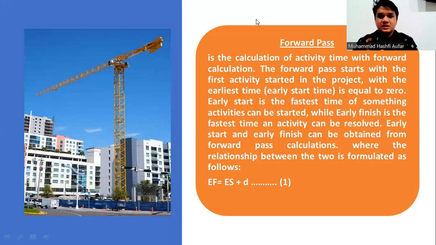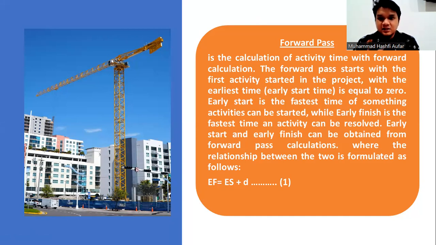Forward pass is the calculation of activity time with forward calculation. The forward pass starts with the first activity in the project, with the earliest start time equal to 0.